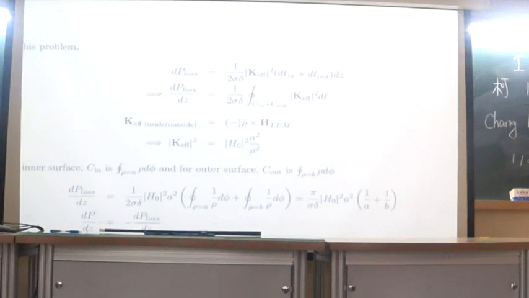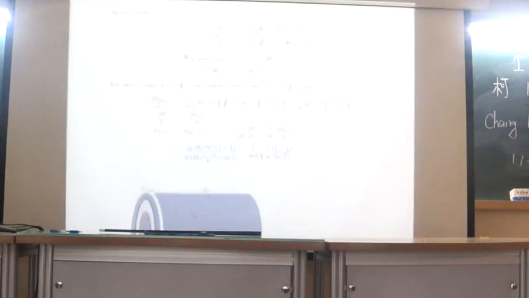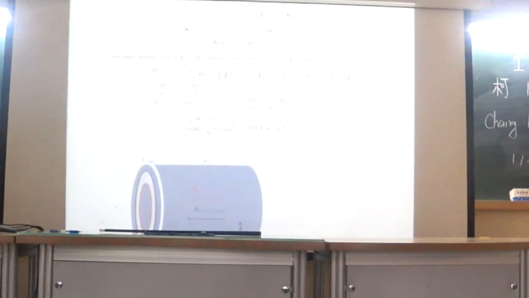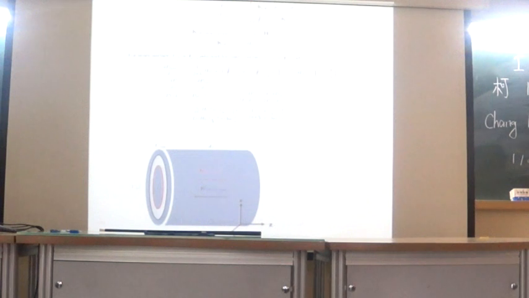The dl is the length in the... Oh, I need a photo here. dl in is the inner circular length, and dl out is the outer black circular length, but the projector is not so clear here.